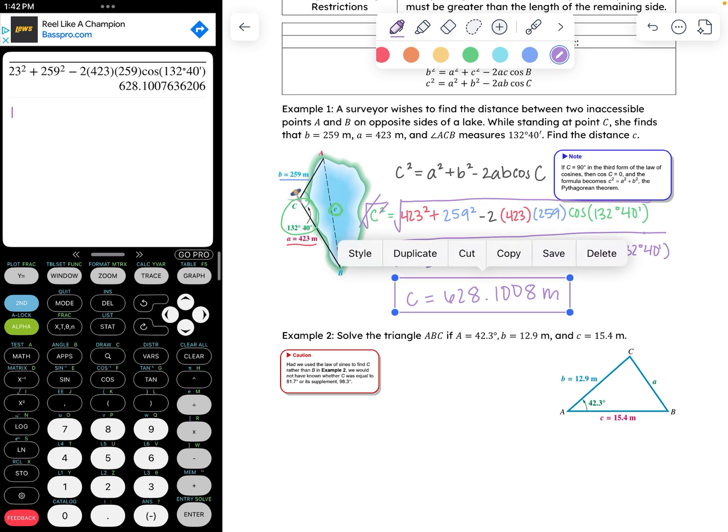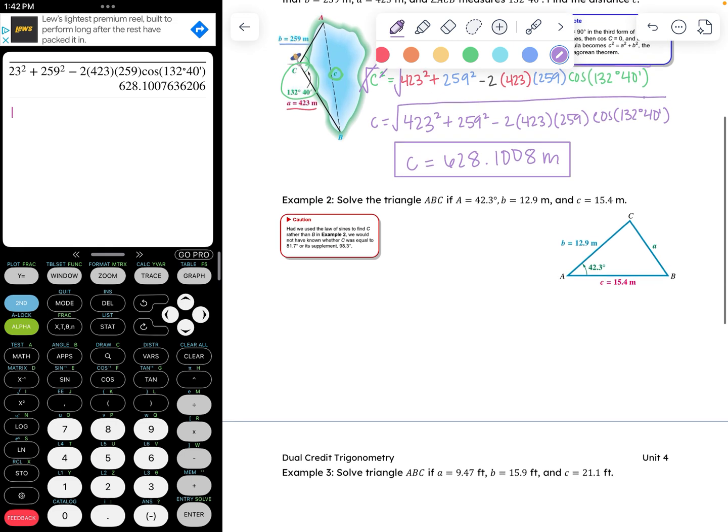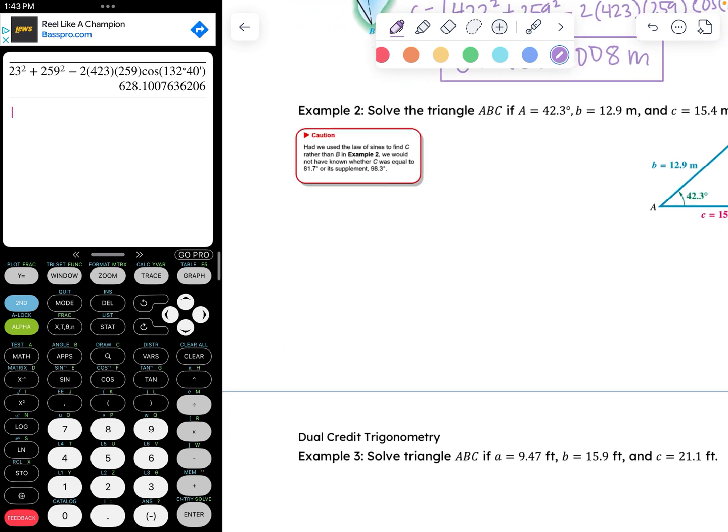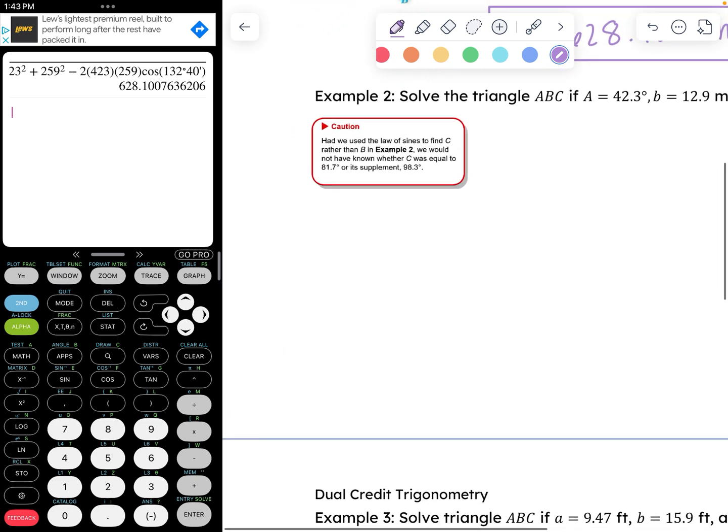Now that was just finding one missing part, that one side of the triangle. Sometimes we'll need to find all of the missing parts of the triangle, solve for everything. So that's what we're going to look at in example 2 here. It says solve the triangle if angle A is 42.3 degrees, side B is 12.9 meters, and side C is 15.4 meters. So something I do that kind of helps me just check and make sure that I get everything is I write it all out over here on the side.